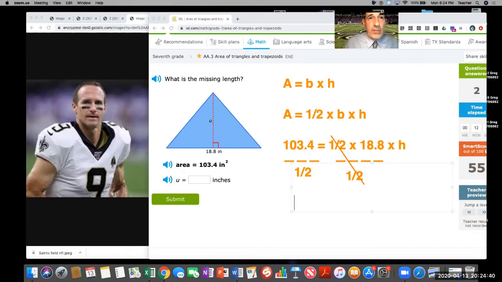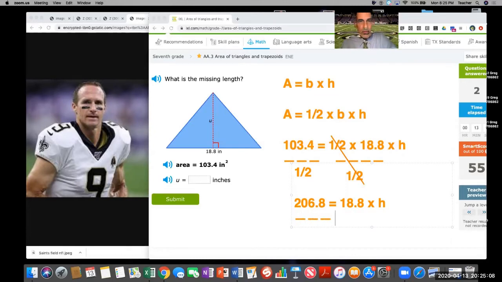Dividing by 0.5 or times 2, okay, because 0.5 would fit into it twice as much, if you follow that line of thought. So I'm going to have 206.8 on this side, and on the other side I have 18.8 times h.